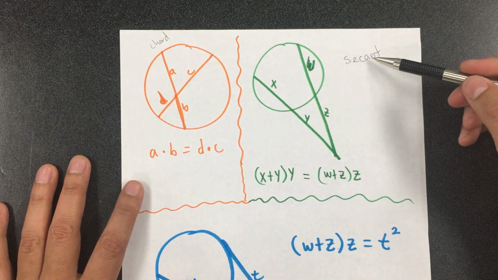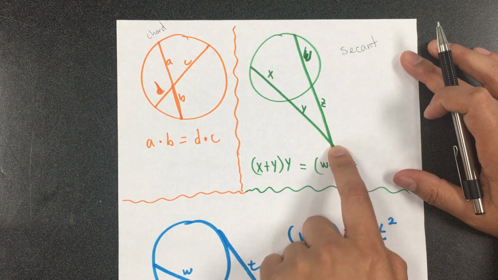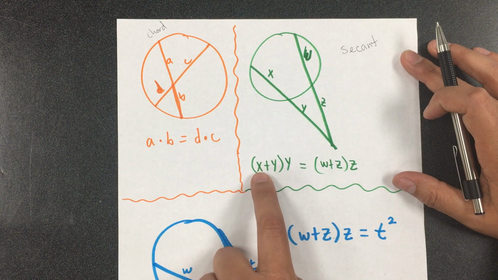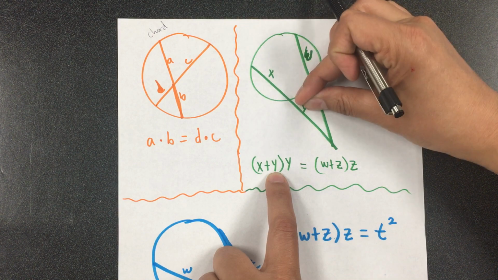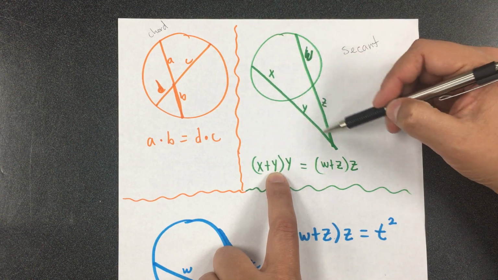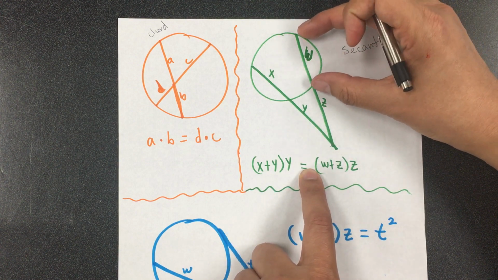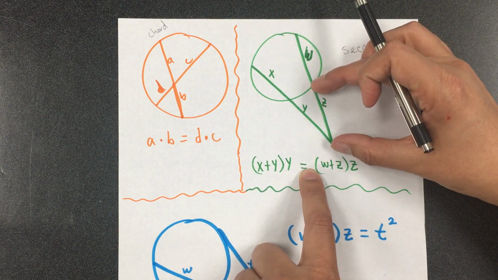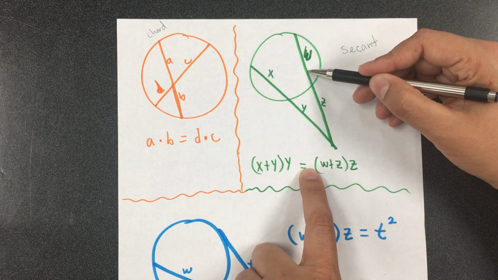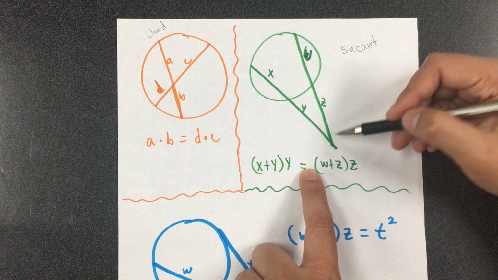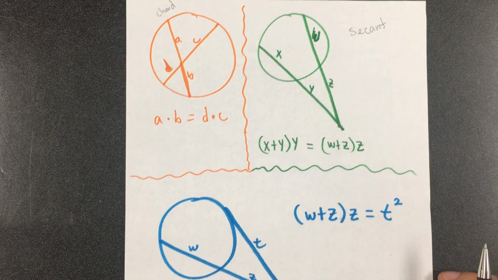Okay, and the rule when two secants meet is that x plus y, the addition of that, multiplied by the section outside, meaning y, is going to be equal to w plus z multiplied by the outside section, okay? So you add them and then you multiply by the piece that is outside. Again, it's gonna look a lot easier once we start the practice or we put it into real numbers.